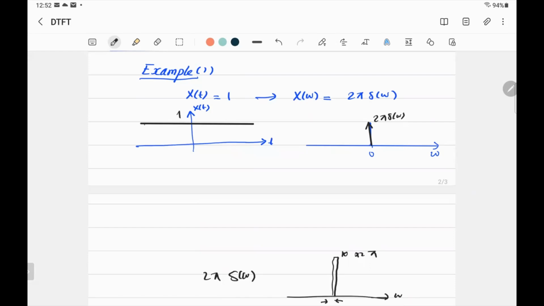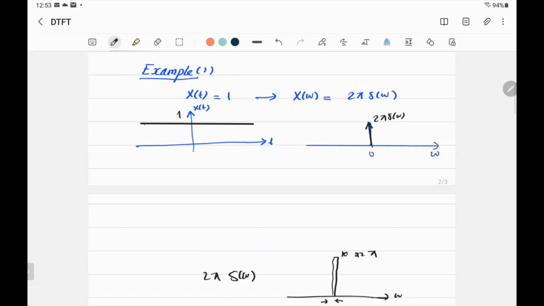Not mechanical. Okay. So when you have a battery, the battery is DC, it means no frequency, 0. If you have a frequency of 50 hertz, omega will be equal to 2 pi f, 2 pi times 50, which is 314 radians per second. So when you say at omega equals 0, it's equal to 2 pi delta of omega, it means the spectrum of this signal in time will have only one component, DC, which makes sense.